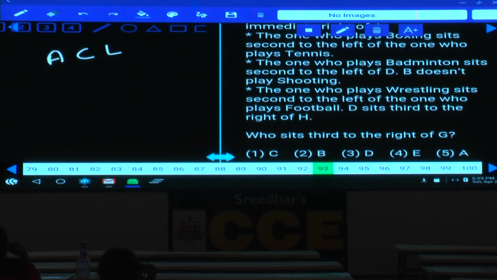A, C and E, these 3 come under the first group. Next one, A, D and H.